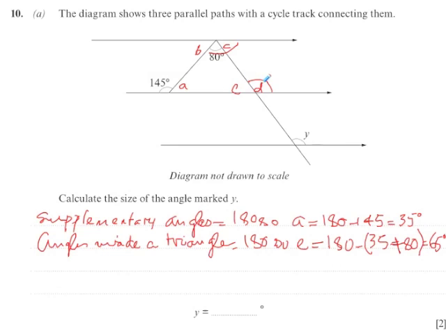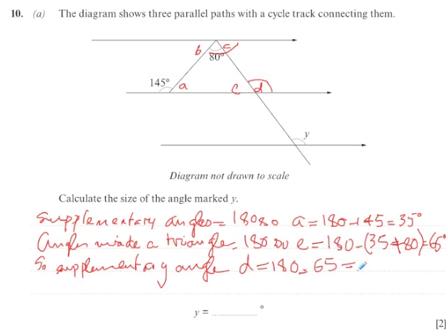So again, we've got a supplementary angle here. So supplementary angle D equals 180 minus 65, which is equal to 115 degrees.